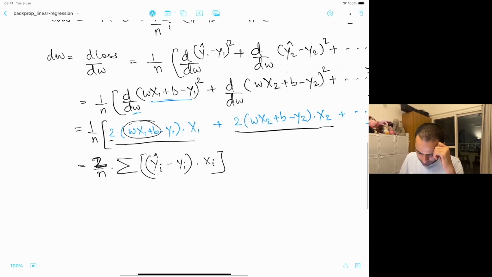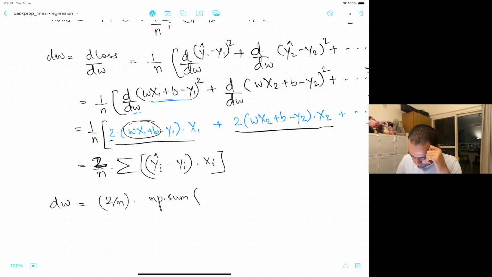Therefore programmatically we will write dw equals 2 over n into np dot sum of y hat minus y, vectorized element-wise subtraction, into x.